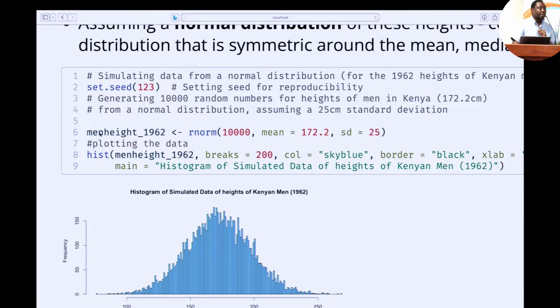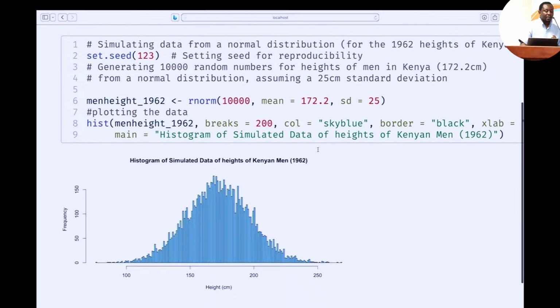So you create an object called main height, whatever you call it. I've called mine main height underscore 1962. I want to follow Cosmas's advice. It's a normal distribution, so I use that function to say generate for me 10,000 random numbers that will have a mean of 172.2 and a standard deviation of 25, and then plot for me that data.